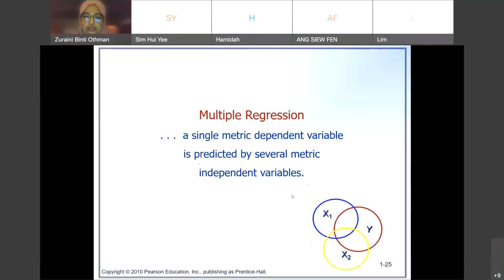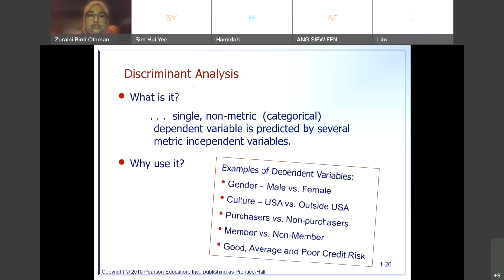If we want to predict it by several metric independent variables, we use multiple regression. Then for discriminant analysis, okay, this is the definition. It is a single non-metric categorical dependent variable predicted by several metric independent variables. We use this discriminant analysis for gender, for example, male versus female, culture, USA versus outside USA, purchasers versus non-purchasers, member versus non-member, which are categorical, right?